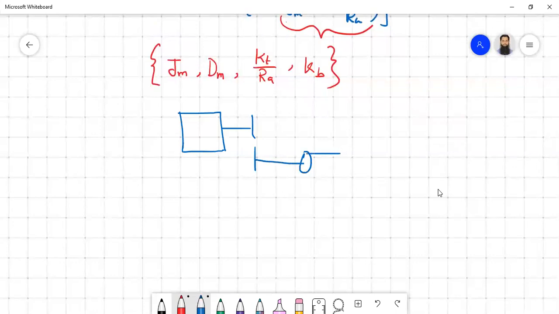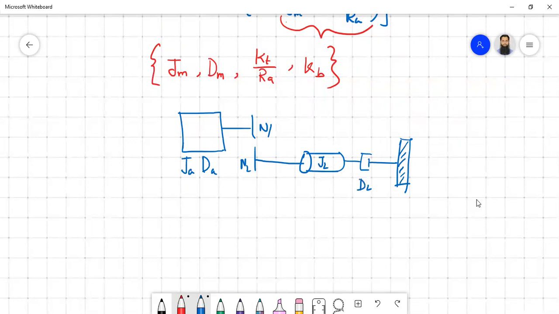Then finally, on the load side, you will have the load inertia as well as the friction. So there are two things basically: one is motor inertia, armature friction, as well as your number of teeth N1, N2, and then you have load inertia and load friction. So this is your motor.